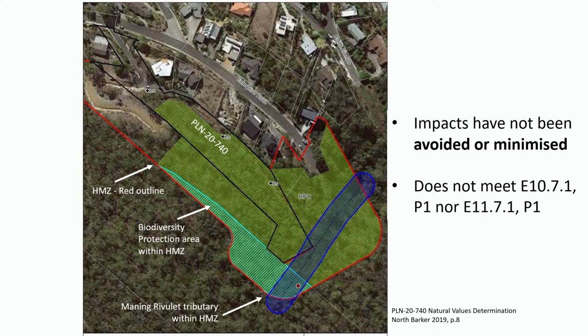The codes that relate to biodiversity and to protected waterways both recommend or require avoiding impacts and minimising impacts. And clearly the developer has choices about the bushfire attack level for the construction materials and about the density and about the siting.